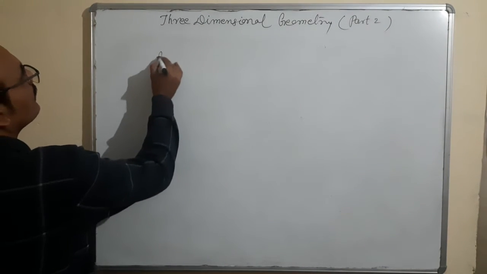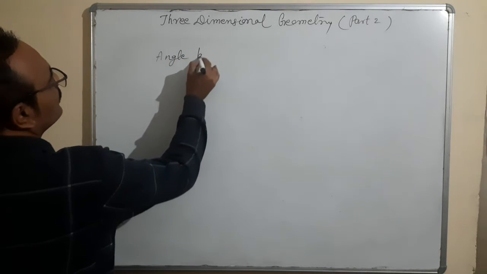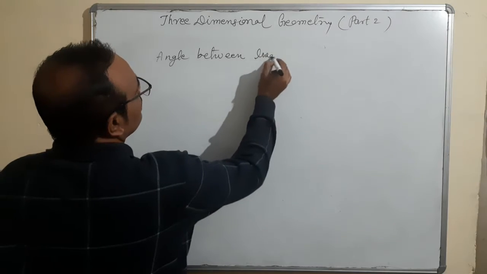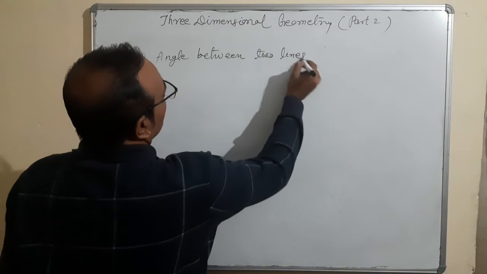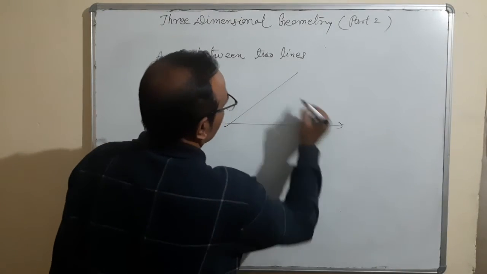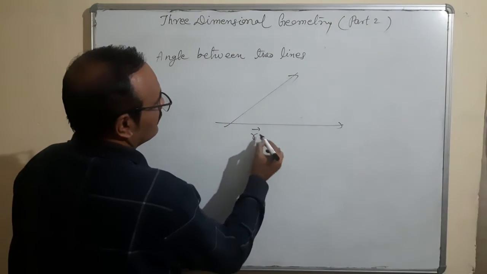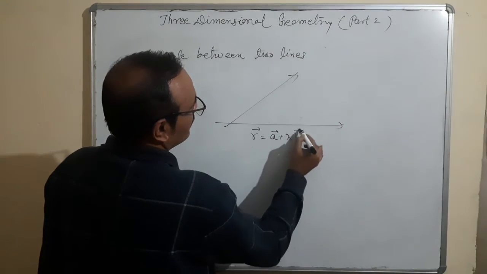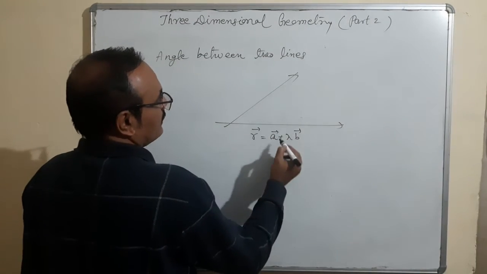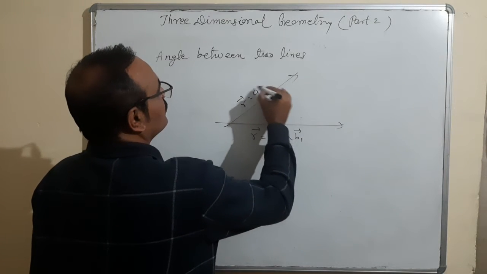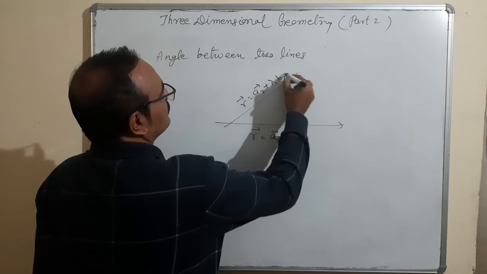Angle between two lines. One line is this, the second is this. Vector r is equal to vector A1 plus lambda vector B1, and this is vector r is equal to A2 plus lambda vector B2.